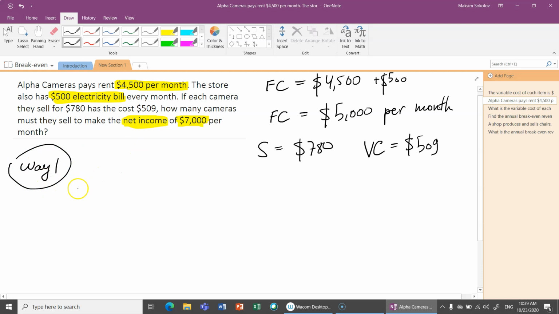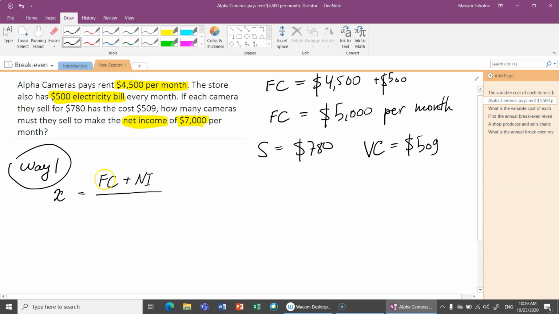In the first way to solve this problem, let's use this letter X because we used letter N for the break-even number. So this letter X will denote the number of items to be sold to make that net income of $7,000. Well, that X is this. So first you need to pay for your fixed costs, right? So your fixed costs must be paid. But after you pay your fixed costs, you also need to pay your net income, right?